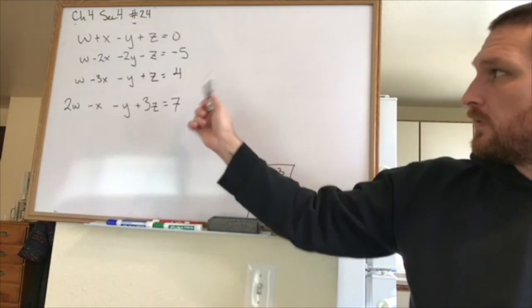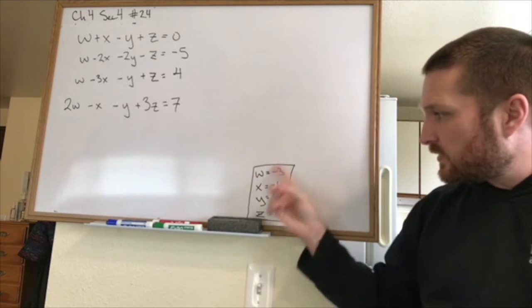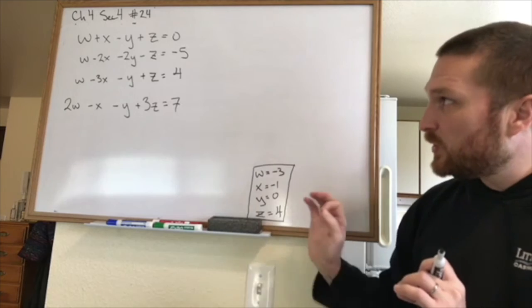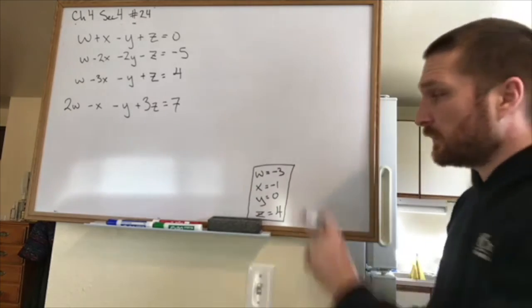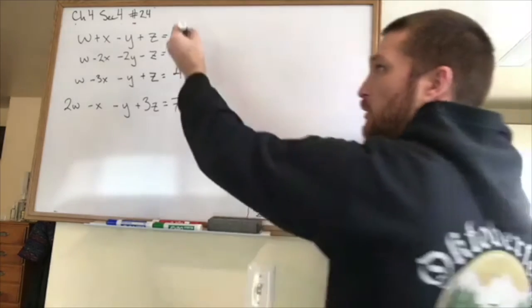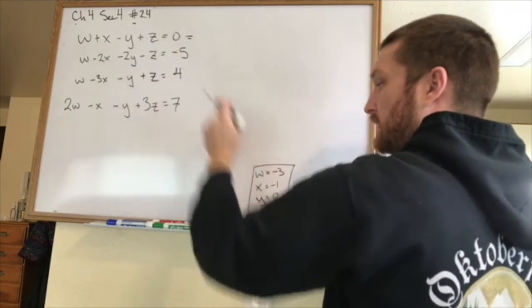So these are the original equations for that system we just solved. These were the answers, and now I'm going to check that this indeed is a solution for this system. So I'm just going to plug in these numbers. Let's do the first one first, and it should come out to equal 0 when I do this. So W, it says, is -3.